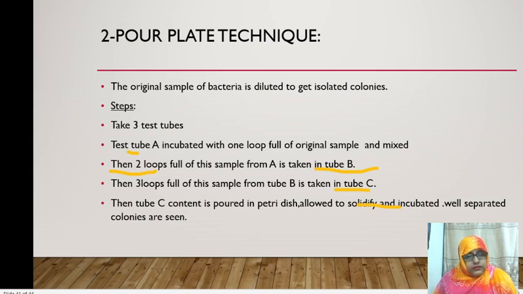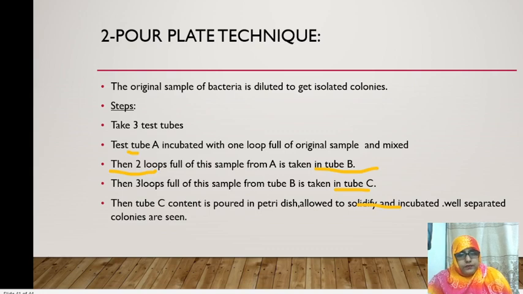Then take 2 loops from test tube A and add them to test tube B, which has only simple media. So B contains media plus sample from A, 2 loopfuls.